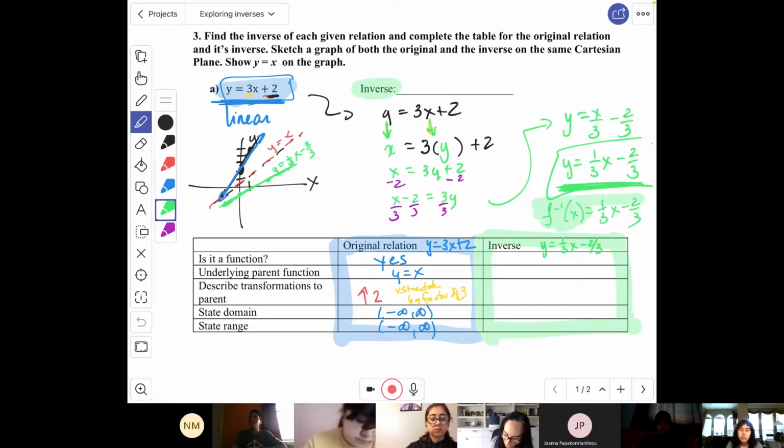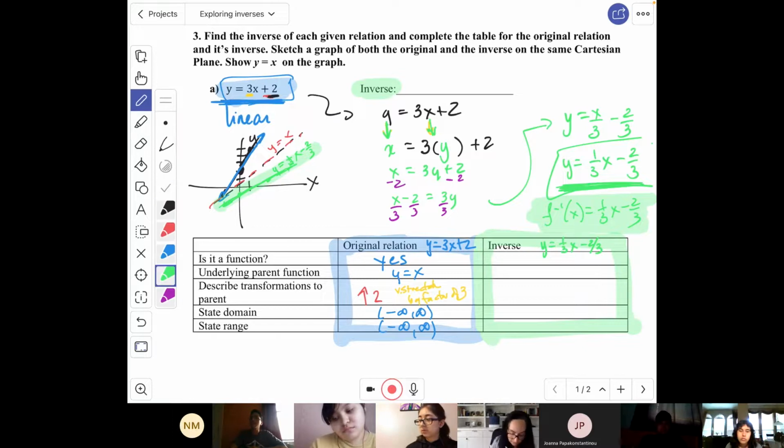Now, looking at this inverse, this graph here, is it a function? Is the inverse a function? We said the original graph in blue was a function, but is the inverse in green also a function? Yes, it's a function. Unless it's a vertical line, all lines are functions.